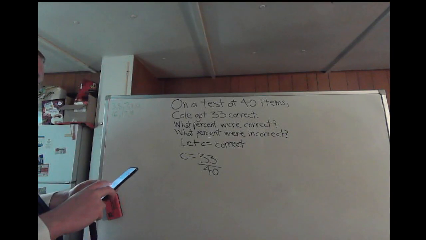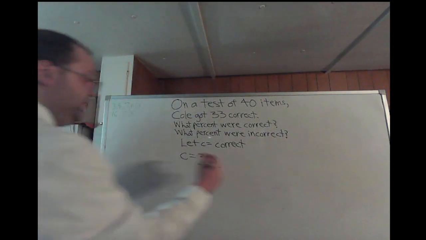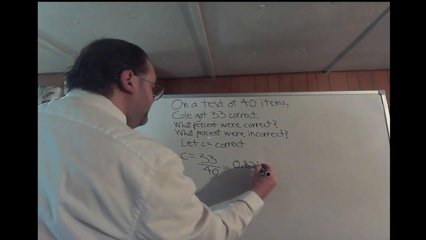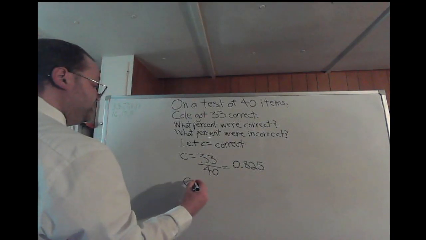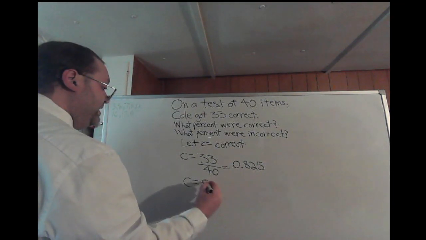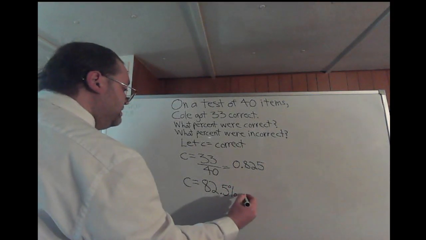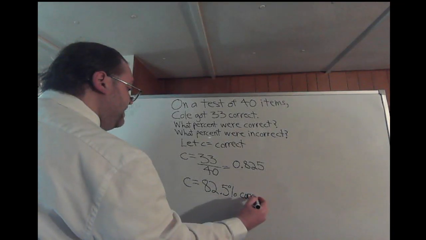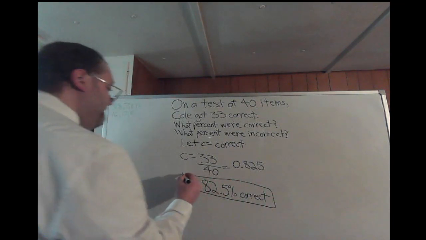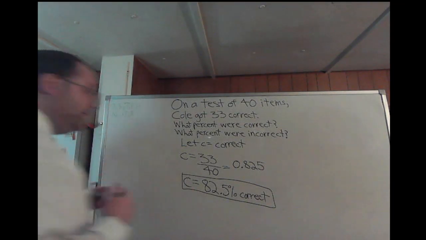So 33 divided by 40 is equal to 0.825, which means as a percent, he got, move it 2 decimal places to the right, 82.5% correct. Not terrible. That's not bad for a test grade.